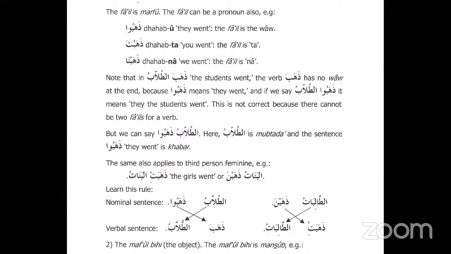This is not correct because there cannot be 2 fa'ils for a verb. But we can say at-Tulabu Zahabu. Here, at-Tulabu is mubtada, and the sentence Zahabu, they went, is khabar.